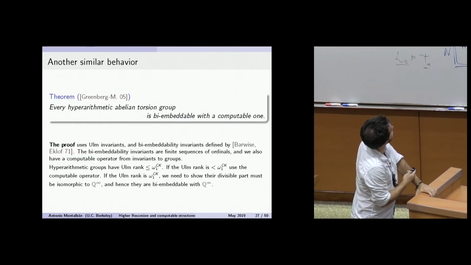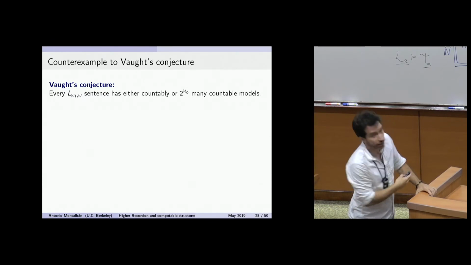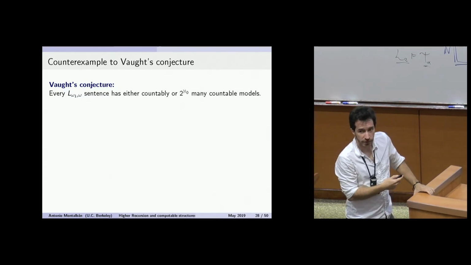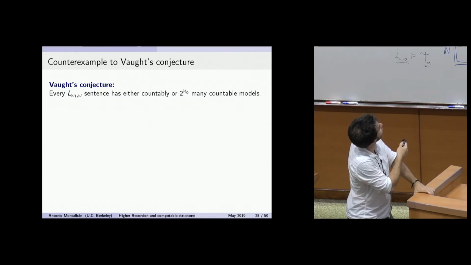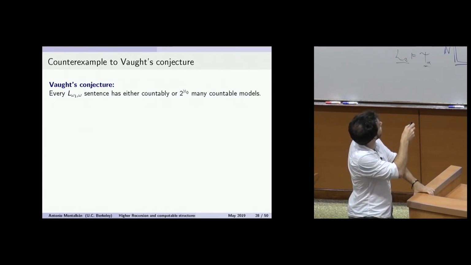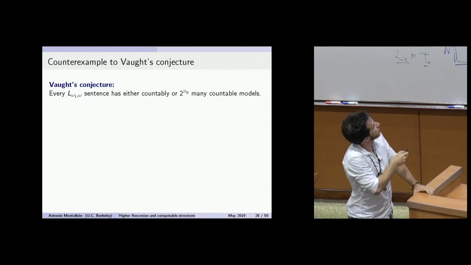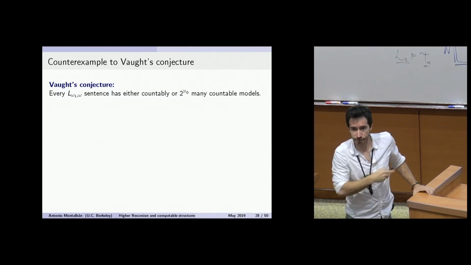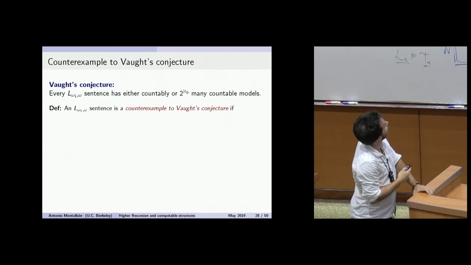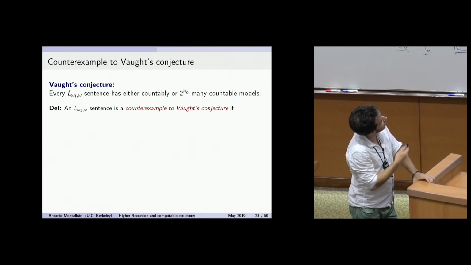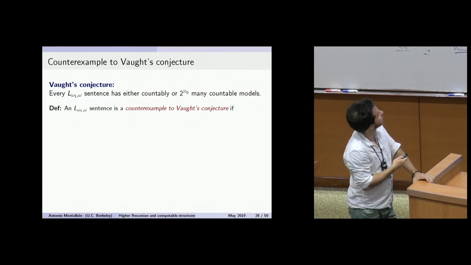So that was 2005. Here is another example. This is from 2012. So Vaught's conjecture says that if you have an L omega 1 omega infinitary sentence, like the ones that we were looking at, it either has countably many or continuum many countable models. I want to say that a sentence is a counterexample if it doesn't satisfy that.